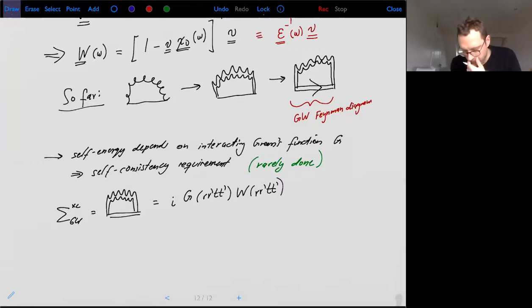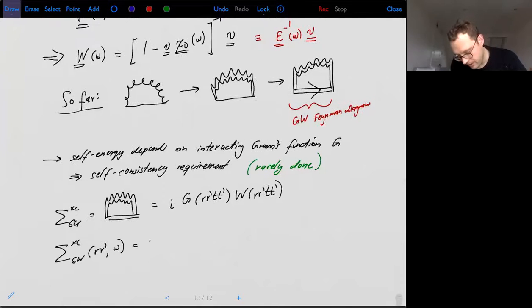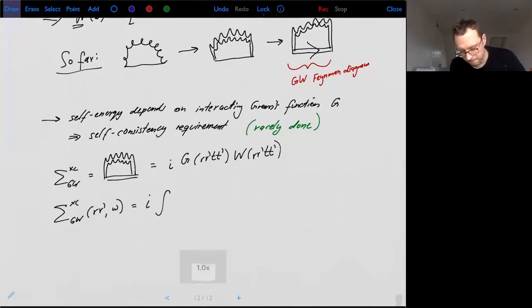And now, of course, what I want to have is I want to express everything in frequency space. So again, I want to do a Fourier transform to find the self-energy as a function of frequency. And since in real time it's a product, it becomes a convolution in frequency space, right? So it looks something like this.